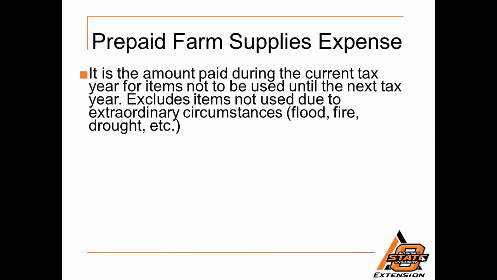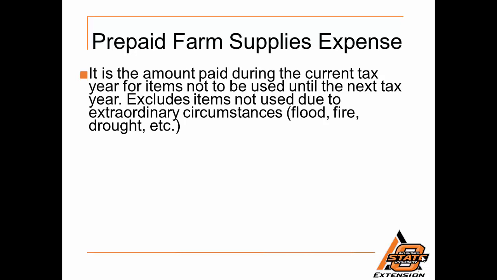So what are these things? Amount paid in the current year for items not to be used until the next tax year. You don't have to include items as being prepaid if it was due to a fire or flood where you had to sell cattle, or you didn't use all the items we purchased.